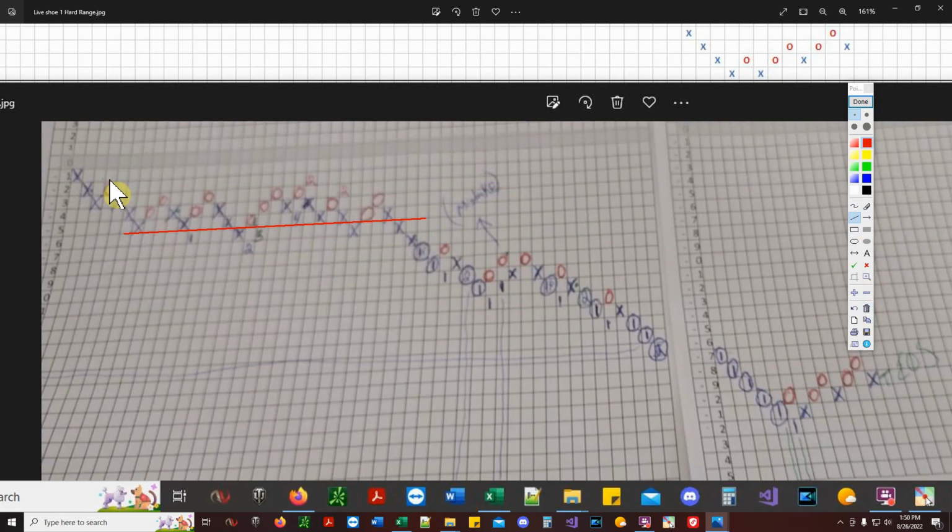There's support. There's resistance. Here is the technique for trading in a range. Don't try to anticipate the breakout.